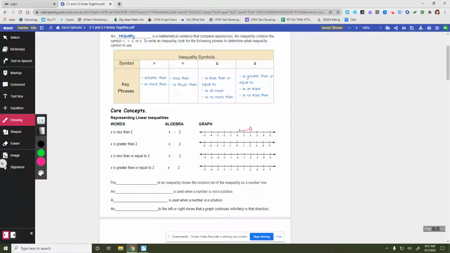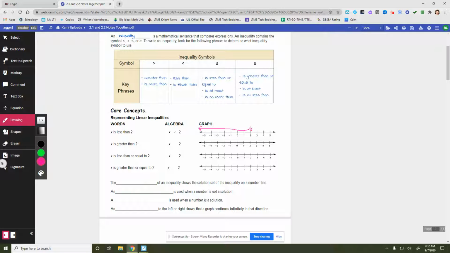Oh, well, it's going to be everything in this direction. So you either highlight or you make a nice, clean line and an arrow. The arrow is actually really important because it says, hey, even though I'm going to stop drawing here because I don't want to draw forever and for the rest of my life, I want to acknowledge that everything continuing in that direction makes sense. So anything less than 2 is any number that is on this side of the number line going on forever toward the left.